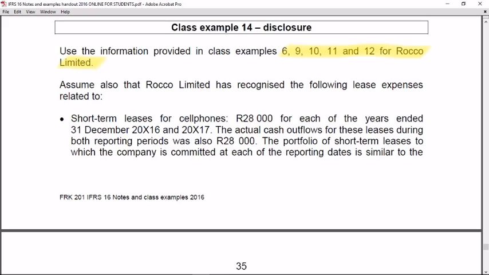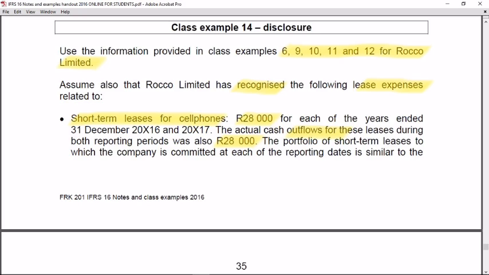Rocco Limited also recognized the following lease expenses in profit or loss. With regards to short-term leases for cell phones, 28,000 Rand was recognized as a lease expense for the years ended X16 and X17. The cash outflows relating to the short-term leases was also 28,000 Rand per year.